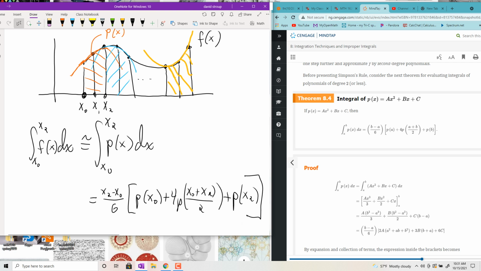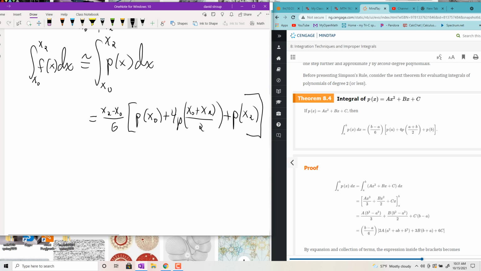And I'm saying you don't need to know the actual polynomial, because all you need are what the polynomial equals at those 3 points, and what the polynomial is going to equal at those 3 points is the same as what the function equals at those 3 points, because we're specifically choosing the polynomial to go through those 3 points.